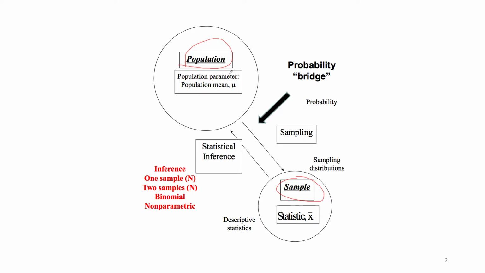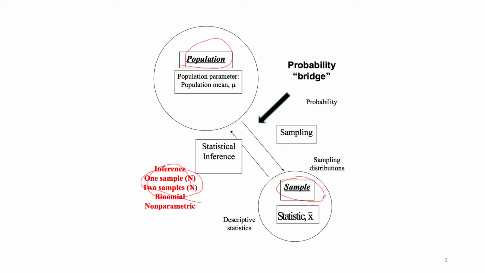From sample to population, that's called statistical inference. I think this part is the one on exam 2. For population, we're using population parameters like population mean, mu, and population variance, sigma square.